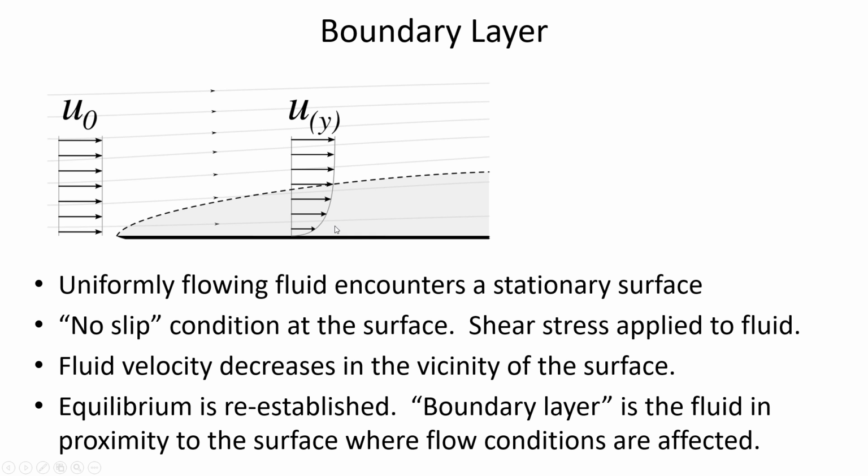It was going through a period of transition where the water had a uniform velocity distribution. It's kind of getting settled in, and eventually you'll get into equilibrium where the velocity is not changing anymore in the direction of flow, but there is a different velocity at the surface than as you get further away from the surface. So is everybody following the idea of a boundary layer so far? Any questions about that?